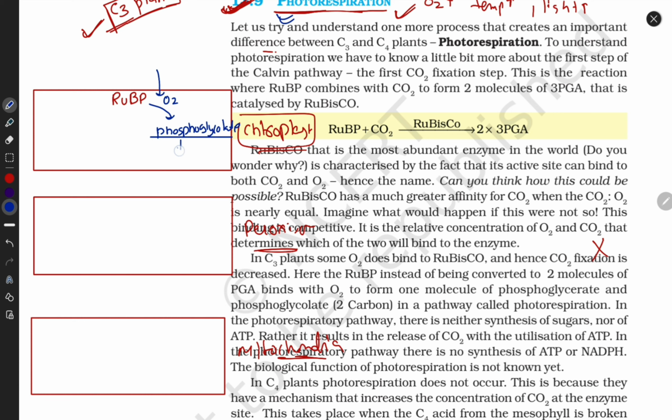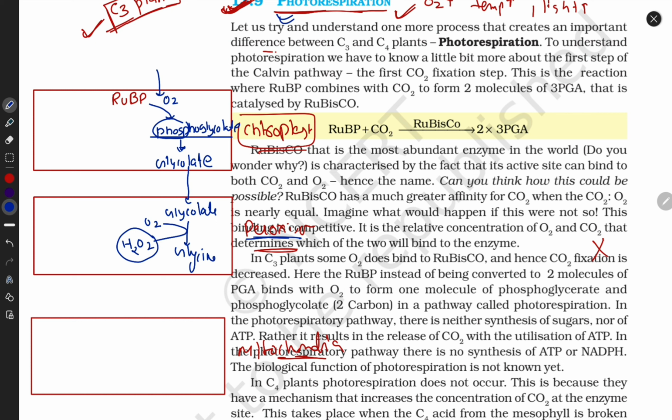And now this phosphoglycolate removes its phosphate group and forms glycolate. Now this glycolate enters where? The peroxisome. This glycolate enters the peroxisome, and this glycolate changes into glycine, and we lose some oxygen and we find some peroxides.